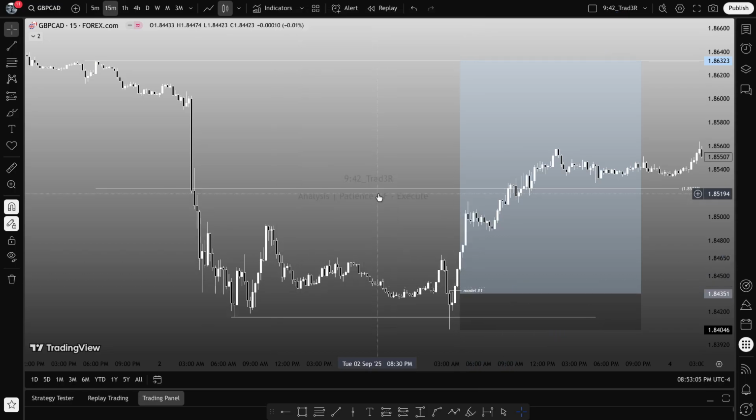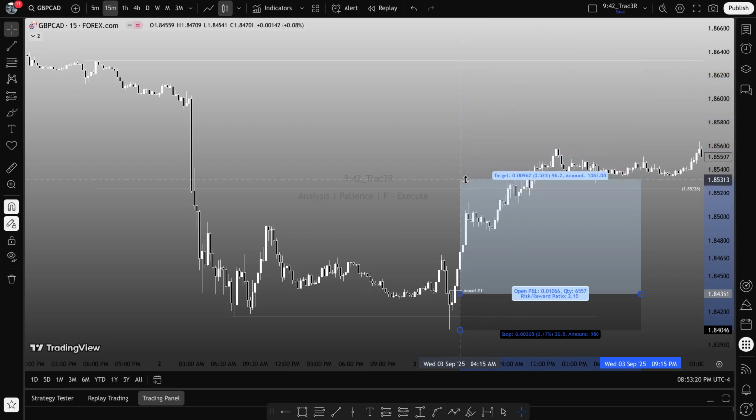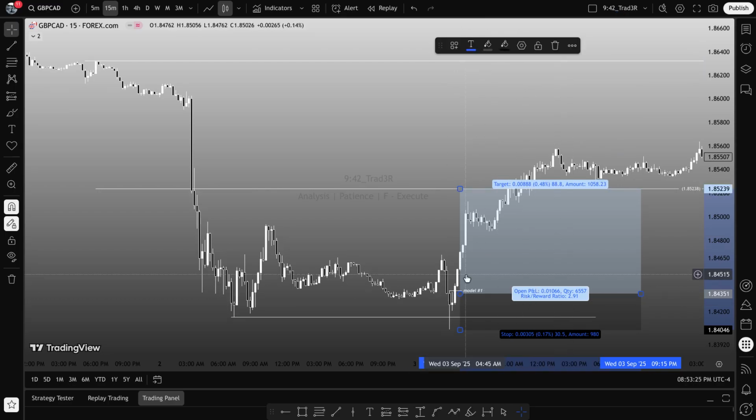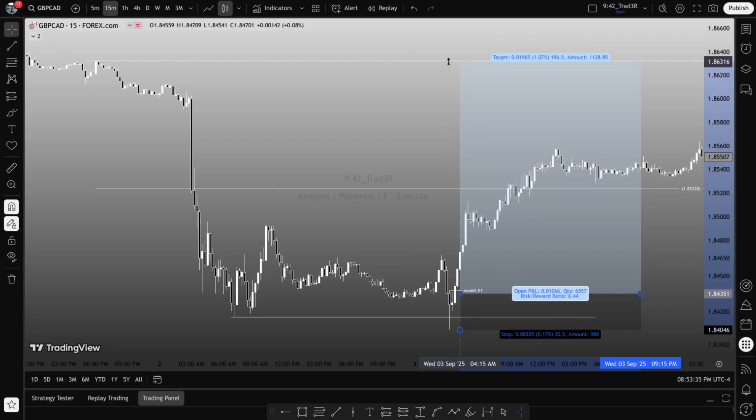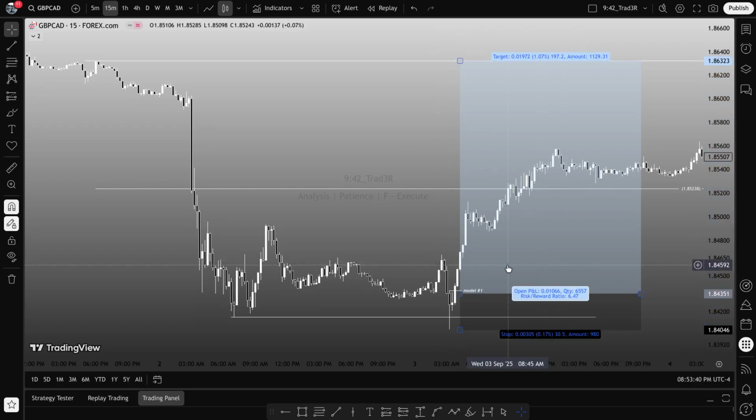So the 50% of the daily range of Tuesday, range high to low, is right about here. This is the line of the 50%. Taking the risk to reward ratio to the 50%, we have a beautiful 1:2.9 risk to reward ratio at the 50%. So if you take partials here and leave some runners of your position to run to the high of the range, you have a beautiful 1:6 trade.